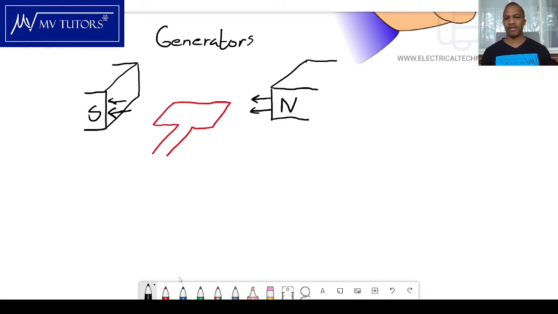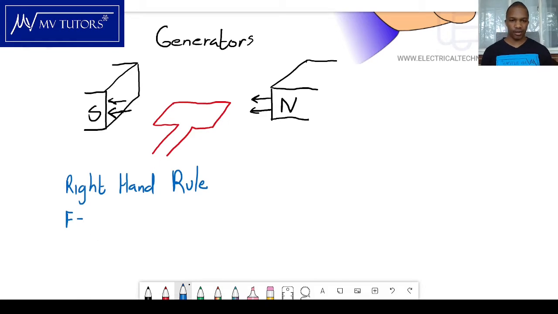Let me use a different color. Over here we use what's called the right hand rule, and just like the left hand rule, it involves the F, which is the force. Let me start with your hands on the right.